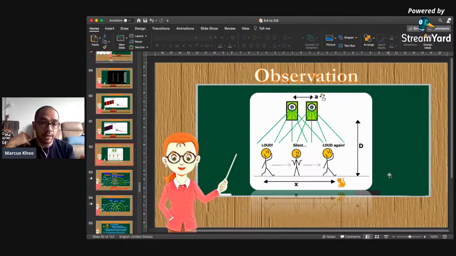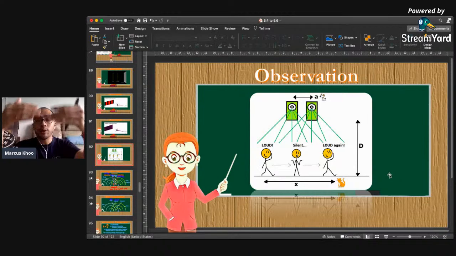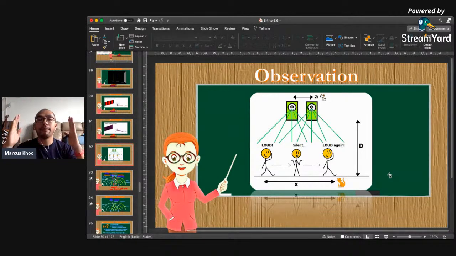The distance between the two speakers is A. The distance between the speaker and the skateboard is D. The distance between one loud sound and the other loud sound, which is two constructives, is X. So I would rather you remember how A, X, and D look from the picture.